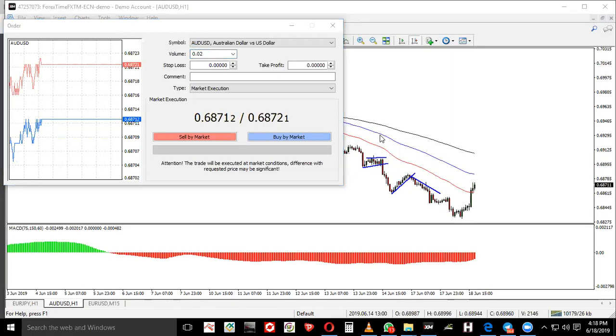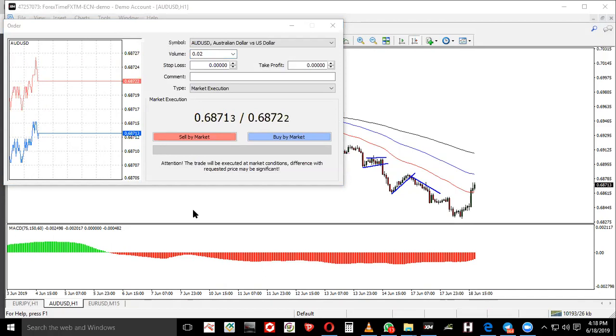By the time I break it down and separate everyone into their category, you will understand better. So when you buy a currency pair, you are buying a certain quantity of that currency pair through lot sizing. So you're able to buy a certain volume or certain units of that pair.